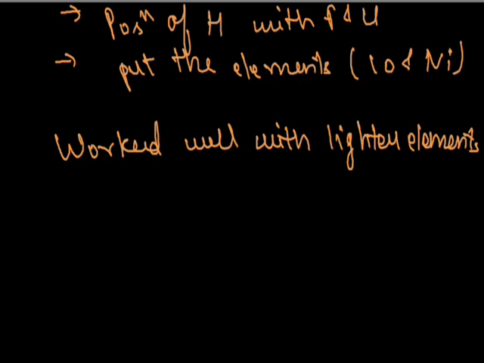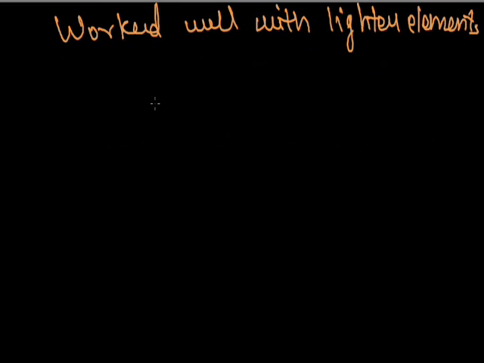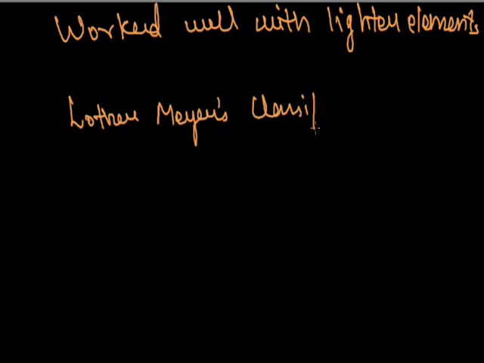Next came Lothar Meyer's curve, Lothar Meyer's classification. In 1869, Lothar Meyer studied physical properties like volume, melting point, and boiling point.